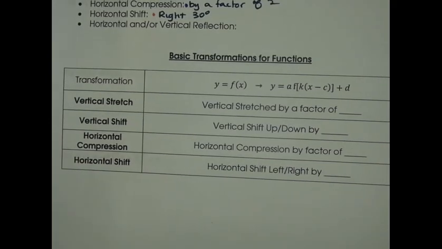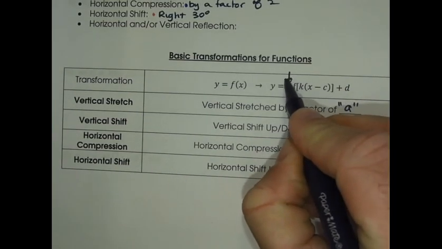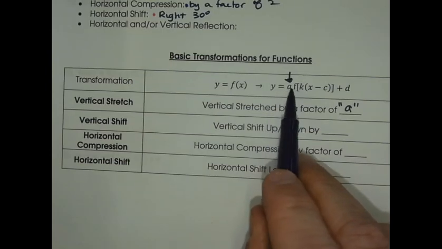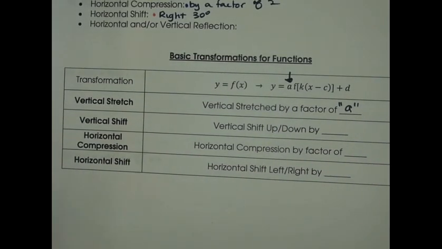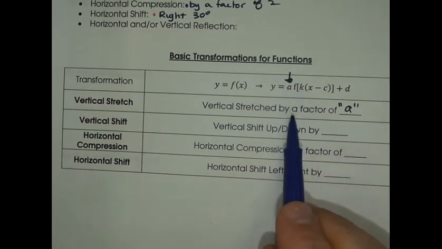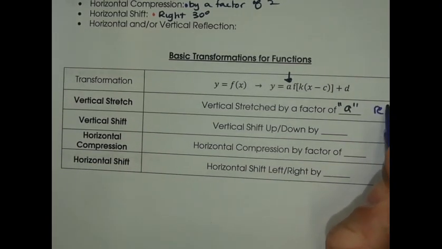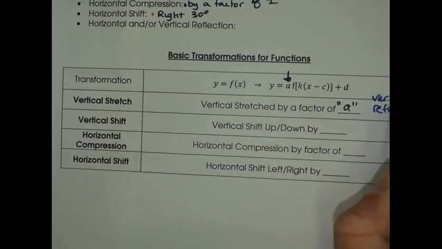The thinking for that is this A tells us that stretch factor of A. If it's the vertex of a quadratic, that A would tell us a vertical stretch, either pulling it up or down. You could also have a vertical reflection, if this is negative.